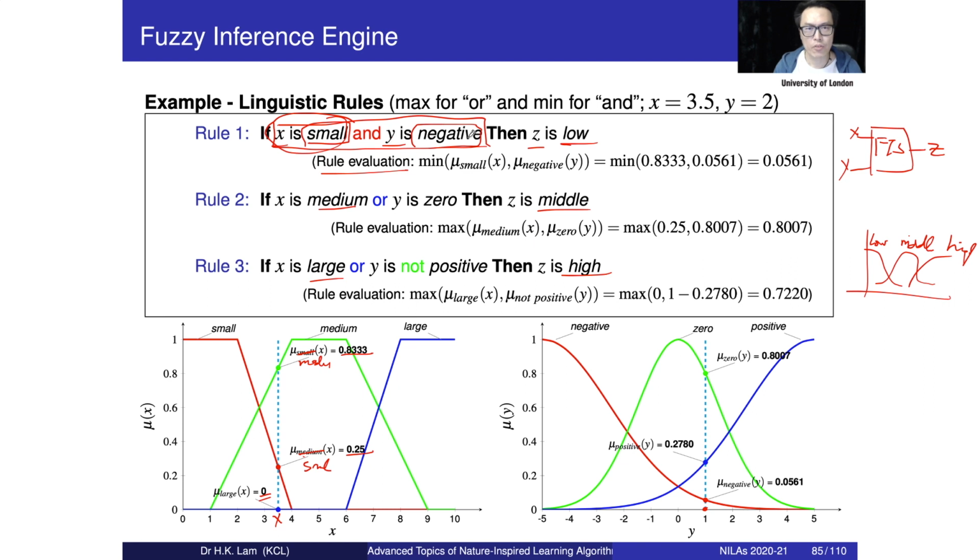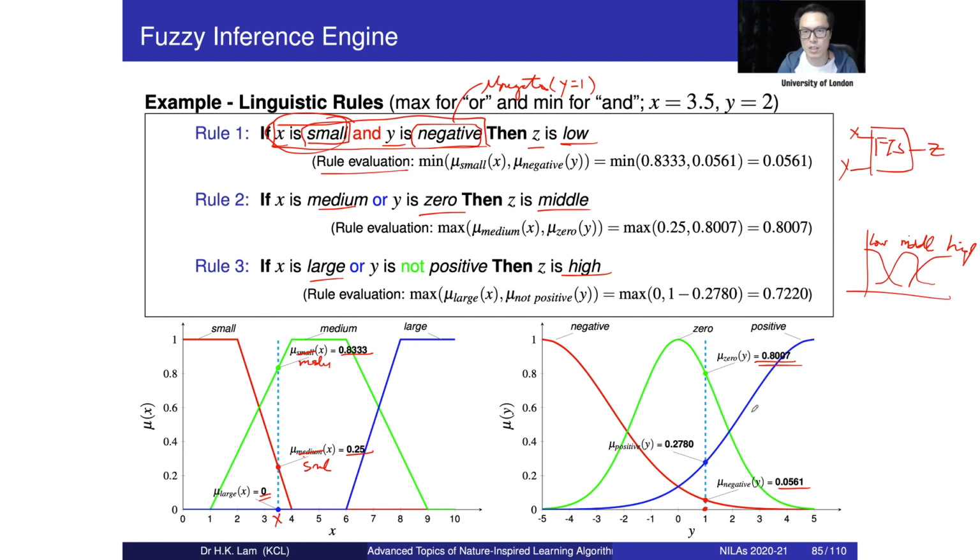Again, the same for y. When we put the vertical line right here, we can find out that the membership grade for negative for y equals 0.0561, and then for zero, it is right here.